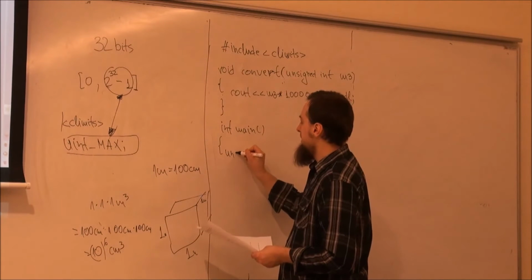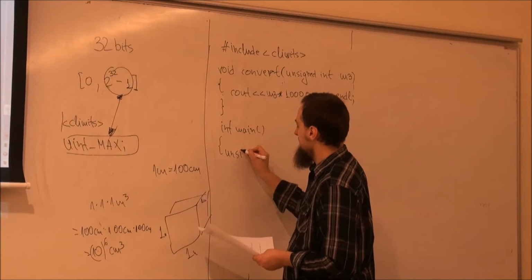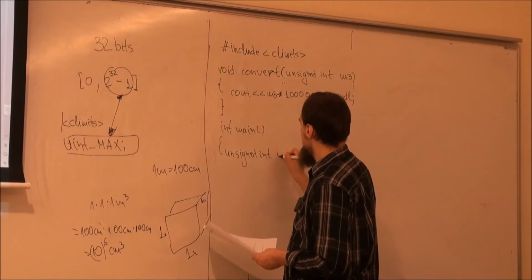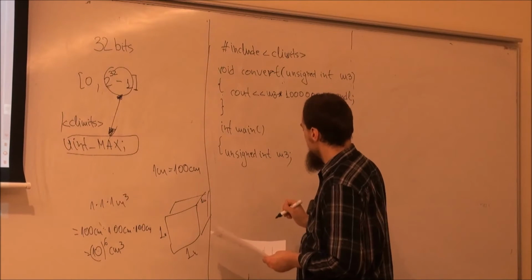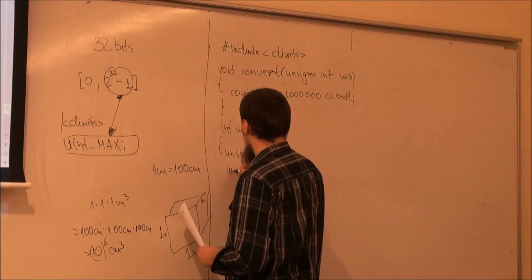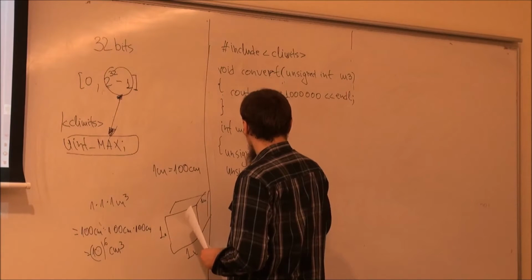I'm defining an unsigned variable, which is called M3. Then I'm defining another one, unsigned integer.